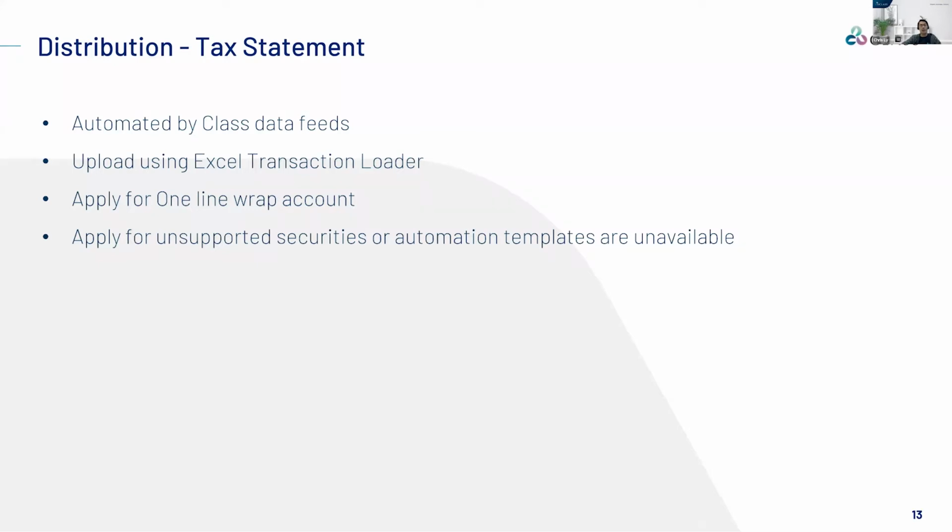And there are scenarios where a security automation is not supported. For example, an unlisted trust holding account that is manually created by the Class users. Or if the automation for a listed security is currently unavailable, then we could use this distribution tax statement event.